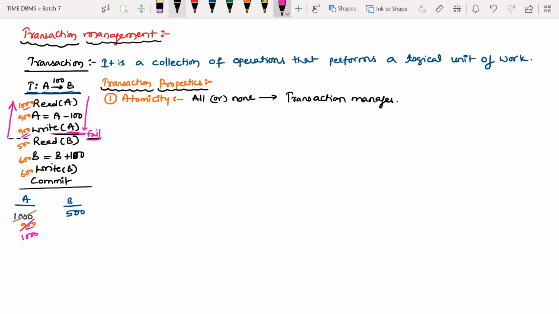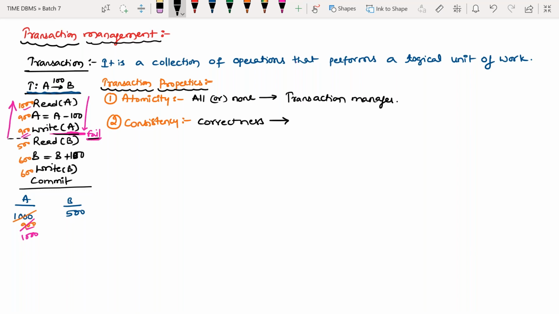Okay, this is atomicity. The second property is called consistency. Consistency means a correct state of the system. Before a transaction starts, the state of the system should be correct, and after the transaction completes, the state of the system should also be correct.